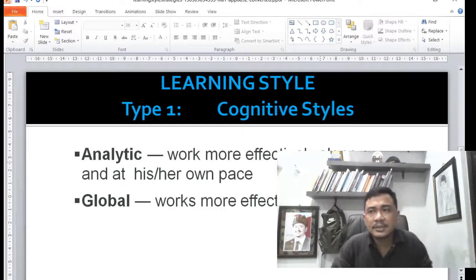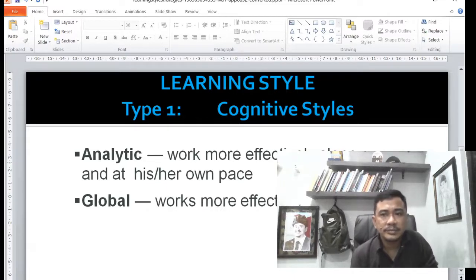This kind of student doesn't prefer to work in a group. But the global, the next subtype of cognitive style, works more effectively in groups. They are very dependent on others.